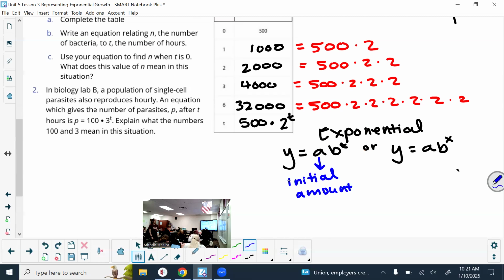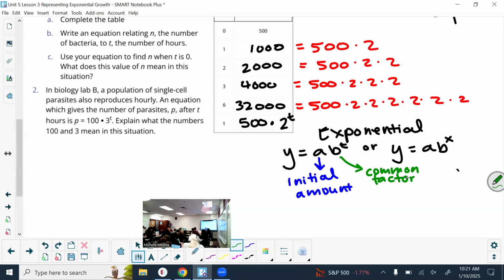We usually use the letter B, but what it stands for doesn't even start with a B. It stands for common factor. So b is what you're multiplying by each time to get the next number. So what's my common factor in the bacteria problem? 2. That's what we multiply by each time.